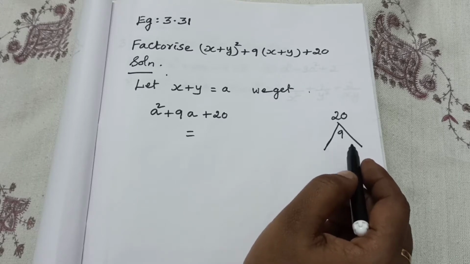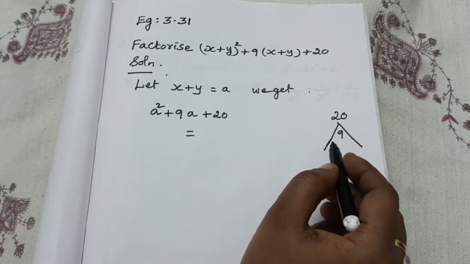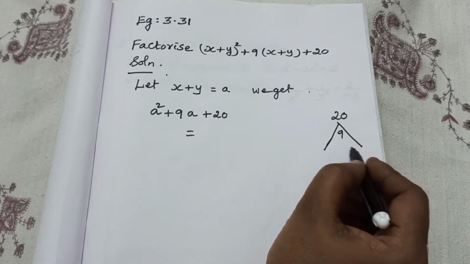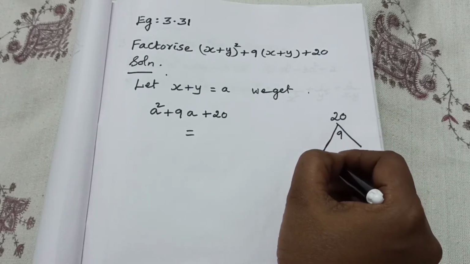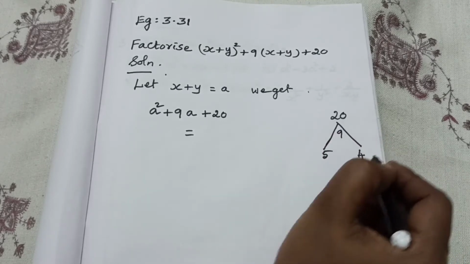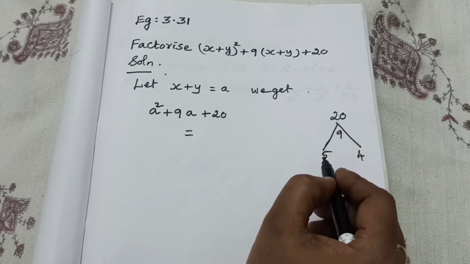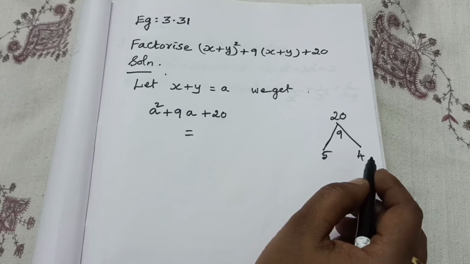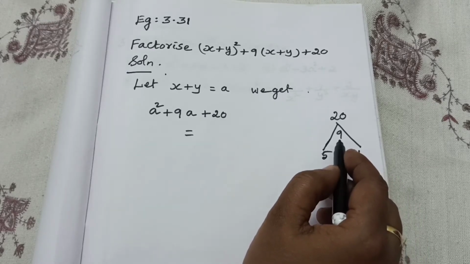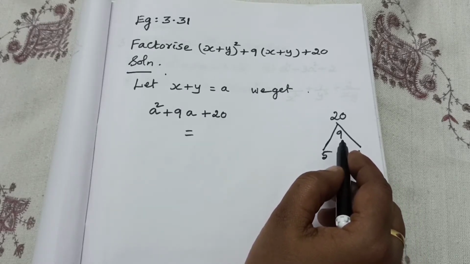Which number is possible? You say 5 fours are 20. Everything positive, then no problem. 5 fours are 20, and adding this, 5 plus 4 is 9. Sum also we got.